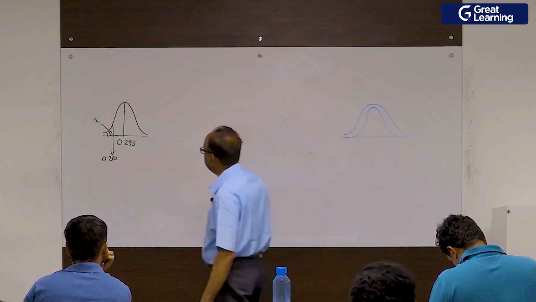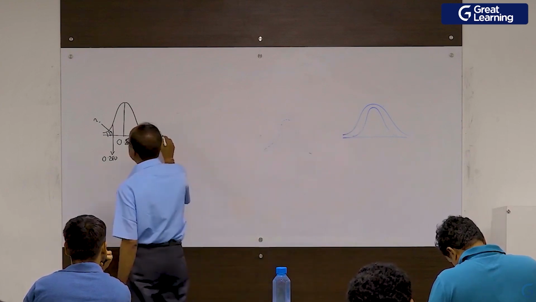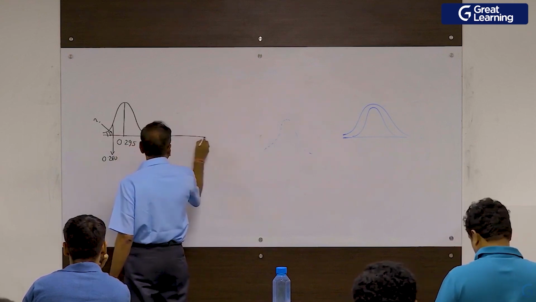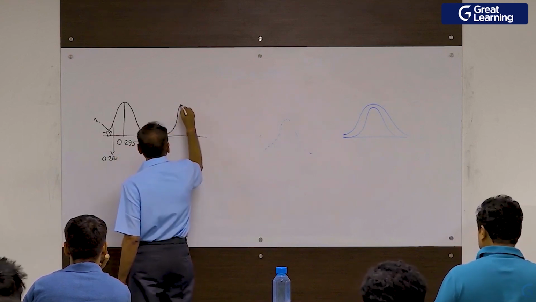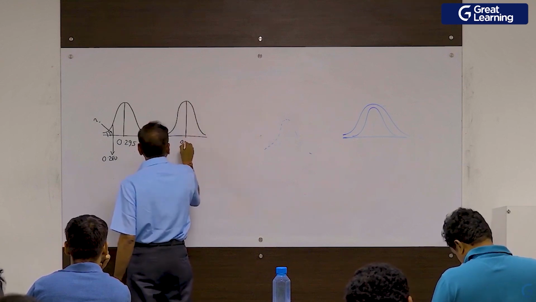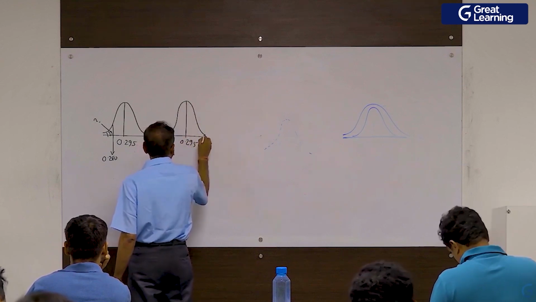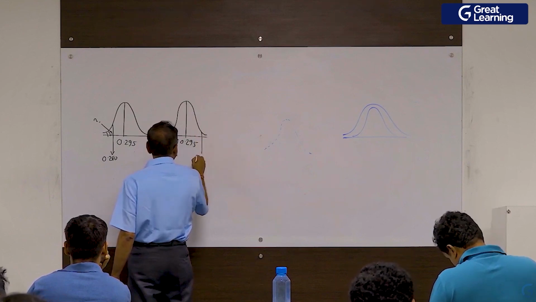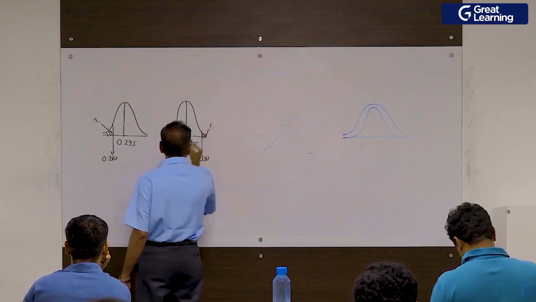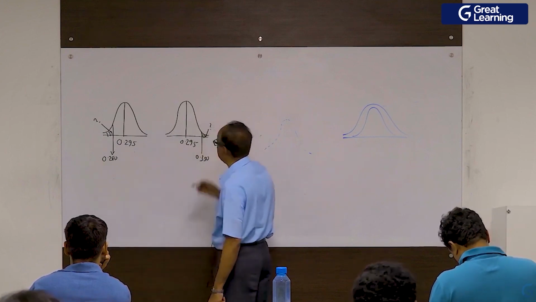Now, the second situation is more than 0.35. So let me just put here, 0.35, more than this is wanted. I'm not drawing to scale, but I'm just explaining this to you.